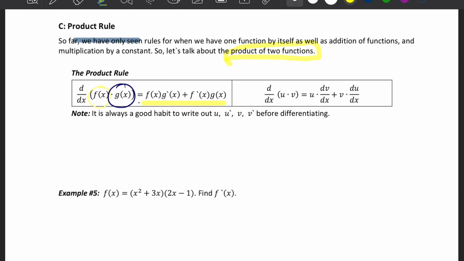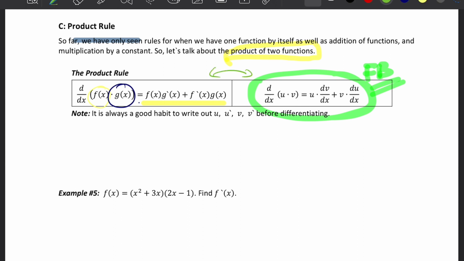This formula is presented in this format in your formula booklet. They're actually the same thing, just using different letters.